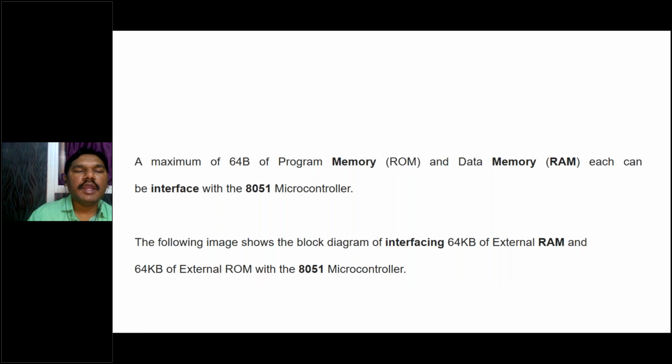Now, a maximum of 64 KB of program memory and 64 KB of data memory can each be interfaced with the 8051 microcontroller. What is the meaning of this? 8051 has 16 address lines and 8 data lines. So data will always be transmitted or received in terms of 8 bits.